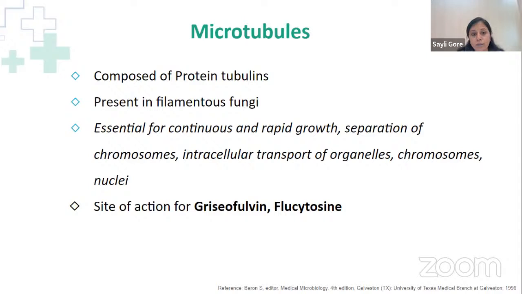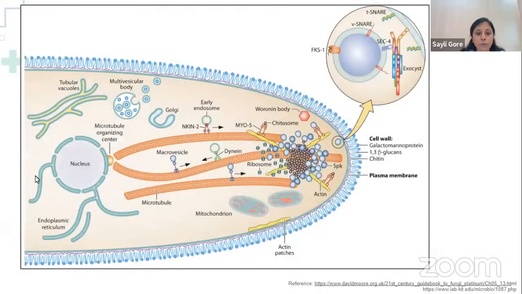They are responsible for separation of chromosomes and intracellular transport of cellular organelles like vacuoles, nucleus, Golgi, and endoplasmic reticulum. See, these are the microtubules here. They are responsible for the intracellular organelle transport, and they are the basic target for agents like flucytosine or griseofulvin to act on.